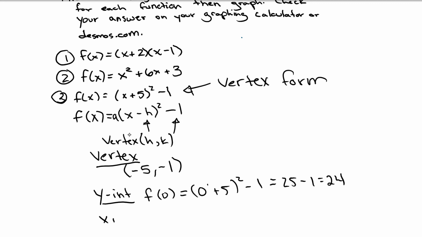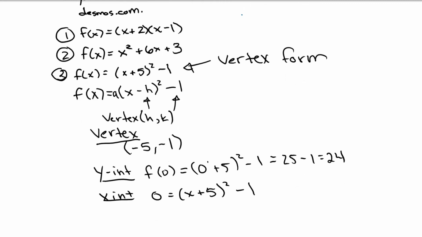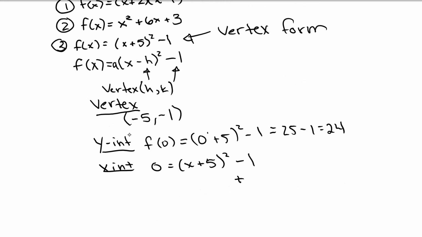And then x-intercepts are still when our y, or my output, is 0. So this is like solving an equation with a square root, which we've been over before. So the first thing you have to do is get the expression that's squared by itself.